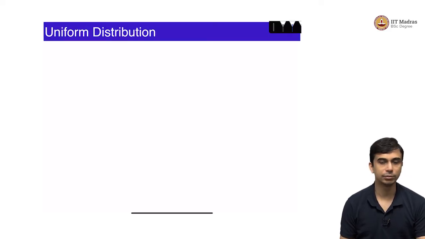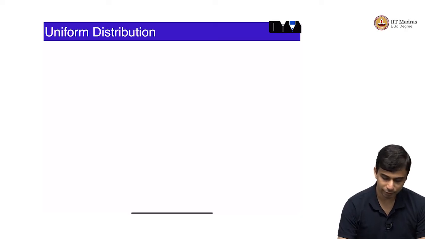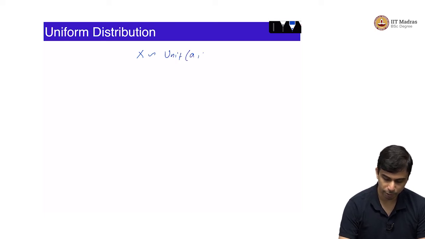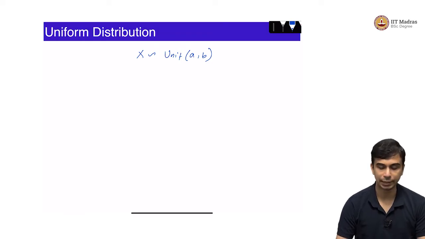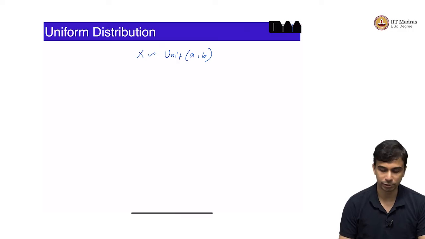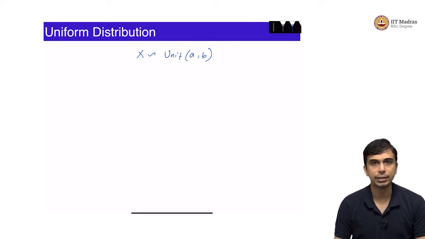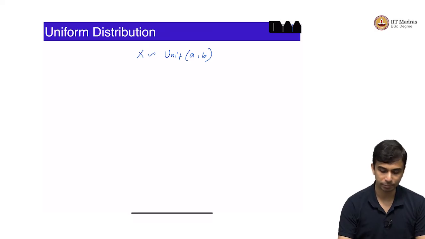The first is an example which you have seen already several times, which is the uniform distribution. We will often write X is distributed as uniform of a comma b. You might see it written this way, where this wavy symbol indicates distributed as. This statement is to be read as: the random variable X is distributed as uniform a comma b.